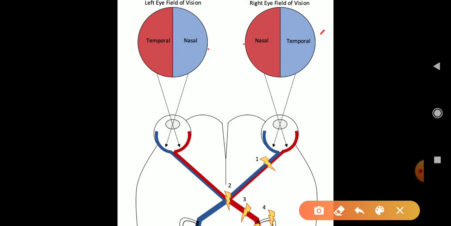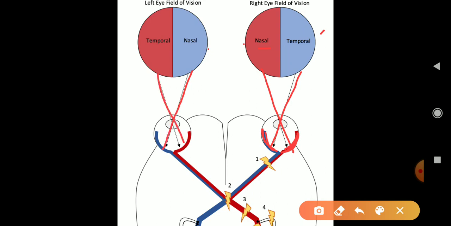The nasal part of the object forms an image on the temporal side of the retina on the opposite side, while the temporal part forms on the nasal part of the retina. The same formation occurs on the opposite side.